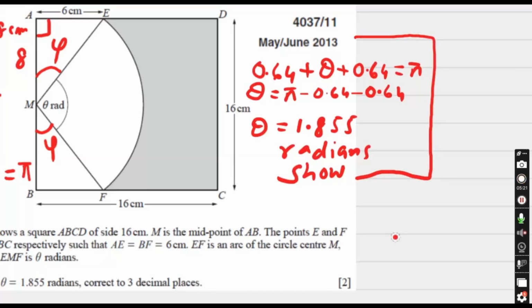First, see carefully, the arc length EF touches the shaded region. I am writing arc EF plus the line ED.